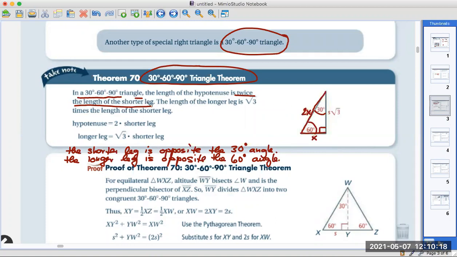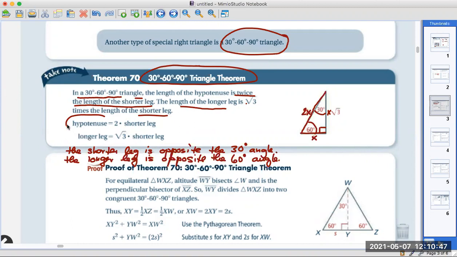So here's what it says, that the hypotenuse is twice the size of the shorter leg. Okay, that's the first one. Now, the longer leg is the shorter leg times the square root of 3. So I'm going to write that here. Oh, you got it right here. These are the sentences I want you to use when you write your equation.